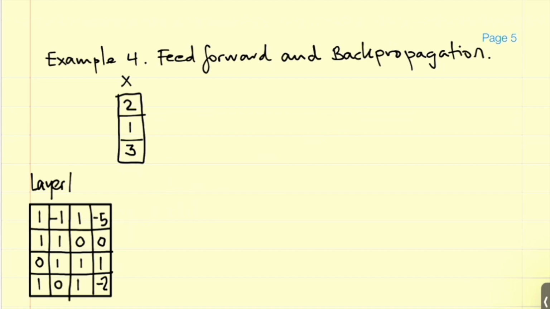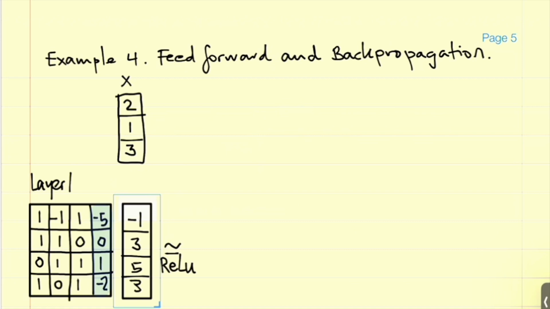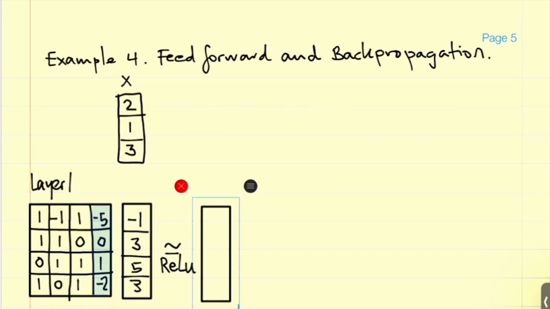If you perform the calculation as we did above, we would get to a number like, so this is the bias, just like above, and we would say we get -1, 3, 5, and 3. Okay, if we do some ReLU calculation, then we would be getting to 0, 3, 5, and 3.